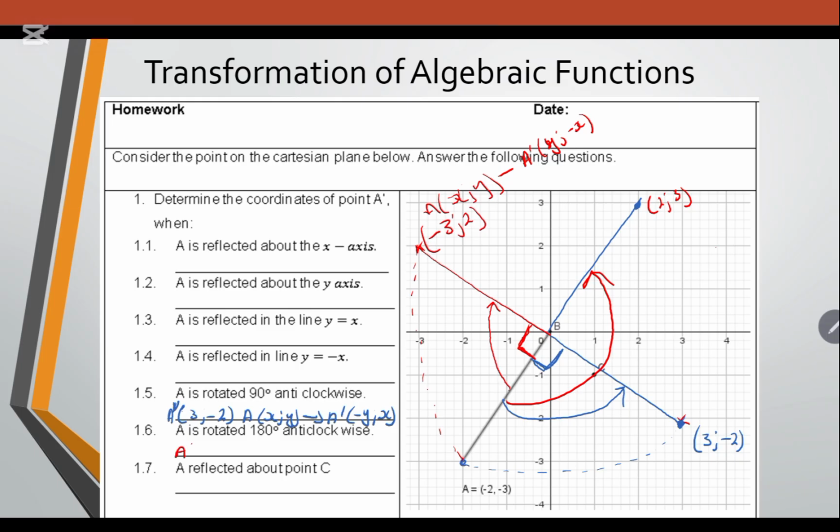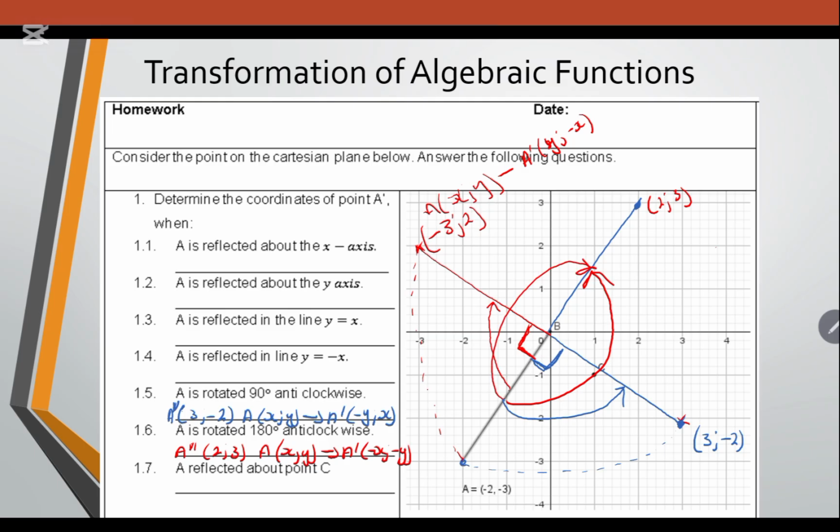So A6 prime is now 2 and 3. So if A was x and y generally, therefore A prime, the rule will be -x and -y.